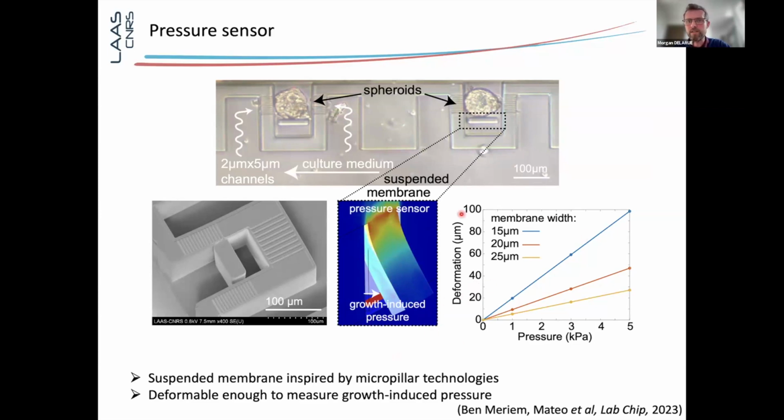Here you have a COMSOL simulation to calibrate the system. And then when the cells build up pressure, the membrane can deform a lot. You see here it's macrometers, 20 to 40 micrometer deformation for small pressure. And then we are able to measure the pressure. That was not very complicated. The complicated part was to trap the cells.